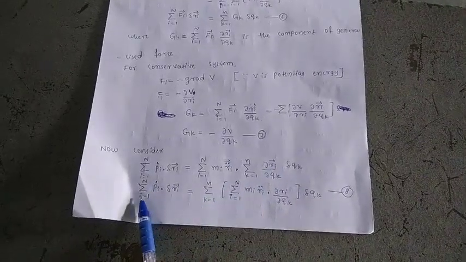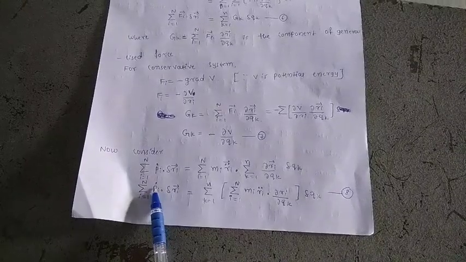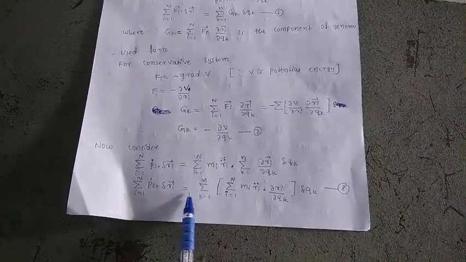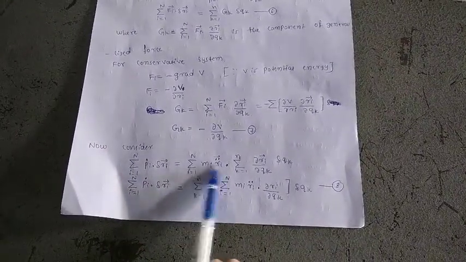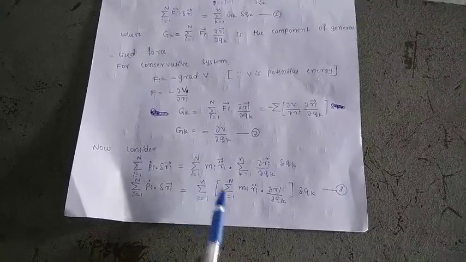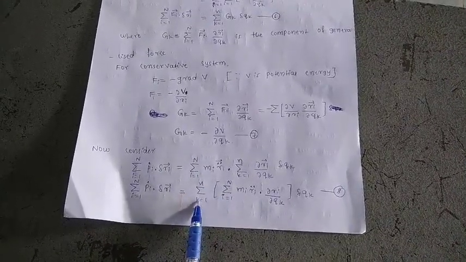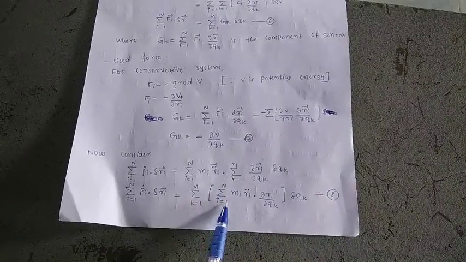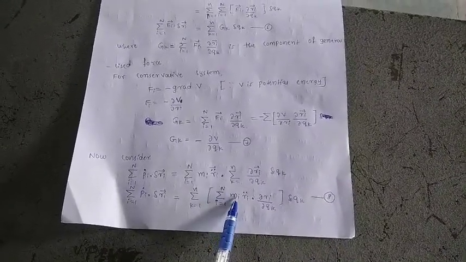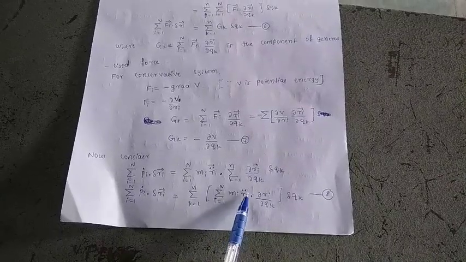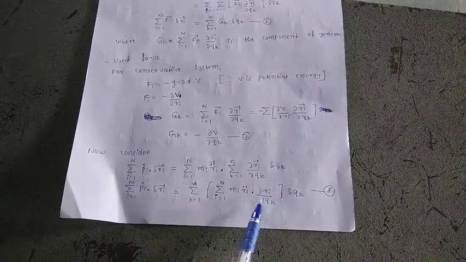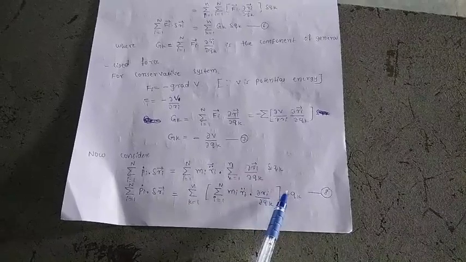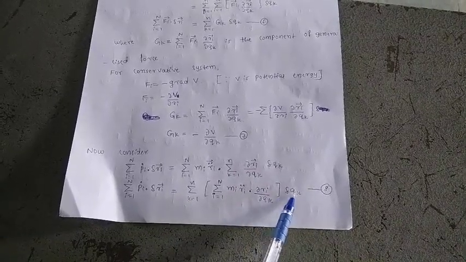Then summation over i = 1 to n of Pi dot into delta Ri is equal to this term. Take summation k = 1 to n and open bracket summation i = 1 to n of mi Ri double dot into ∂Ri/∂Qk, complete the bracket, into delta Qk. Take this as equation number 8.